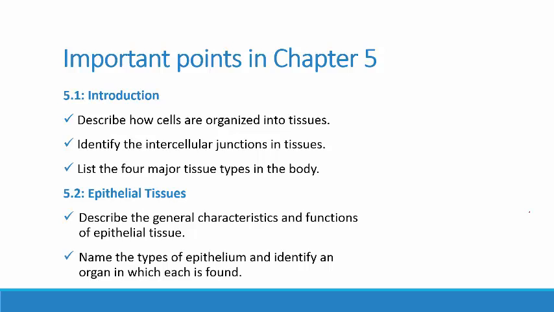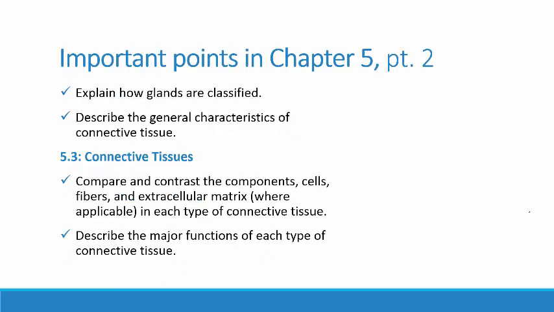And then we looked at the different epithelial types and described where they might be found in the body, and talked a little bit about glandular tissue and how we classify glands, and then described all those general characteristics.